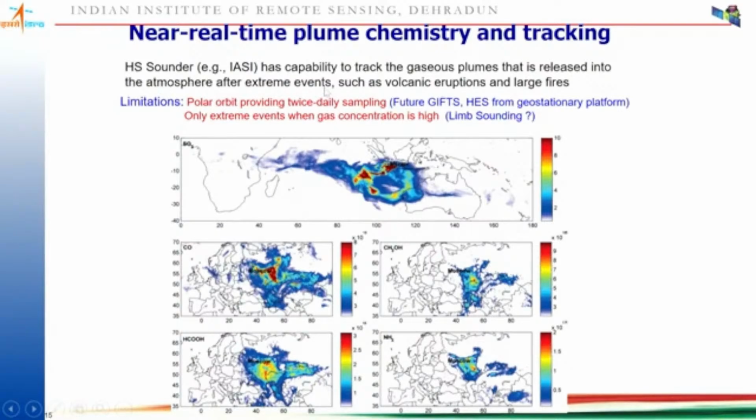Suppose there is a volcano or any other event, it can measure or monitor the different species emitted, whether it is an accidental fire, a forest fire, a stubble fire, industrial emissions, volcanic activity, or anything else. Number two, it can also see how these gases and pollution are distributed, how they travel from one place to another.